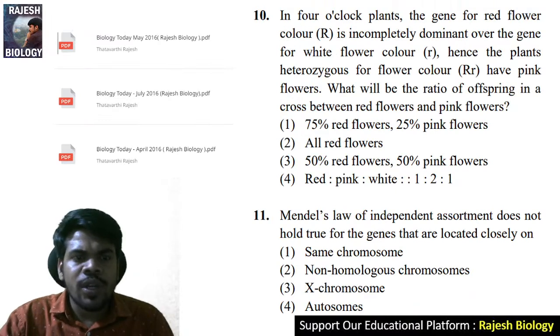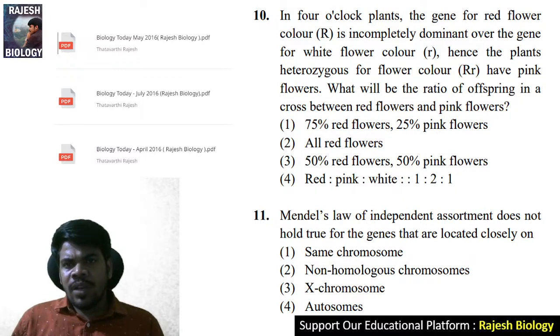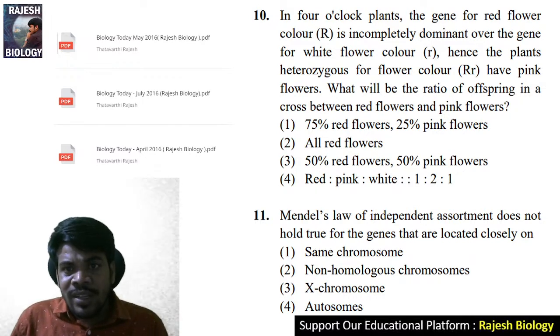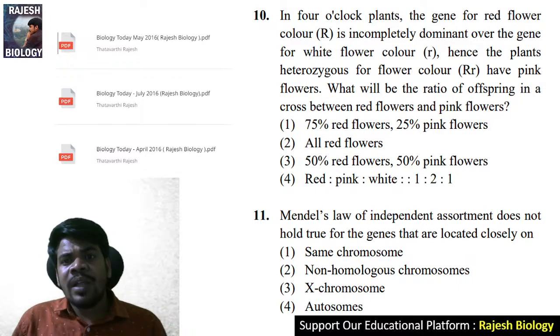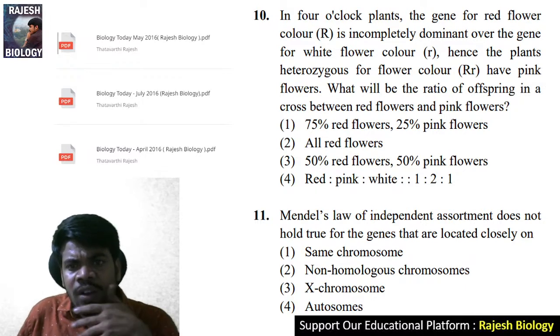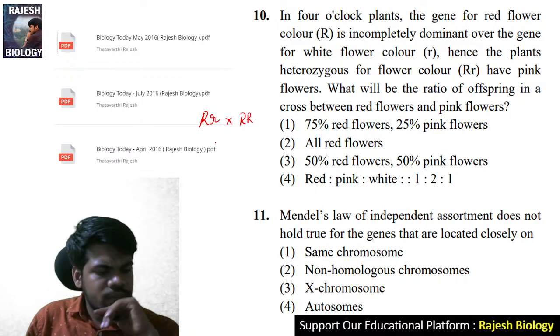Now come to the 10th question. In four o'clock plant, four o'clock means evening rose or Mirabilis jalapa, the gene for red flower color is incompletely dominant over the gene for white flower color. Hence, the plant heterozygous for flower color is pink. What will be the ratio of offspring in a cross between red flowers and pink flowers?